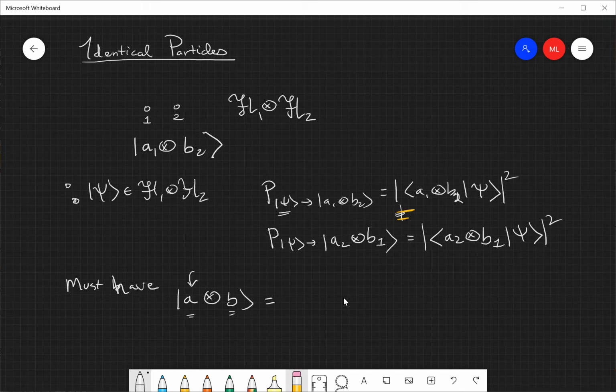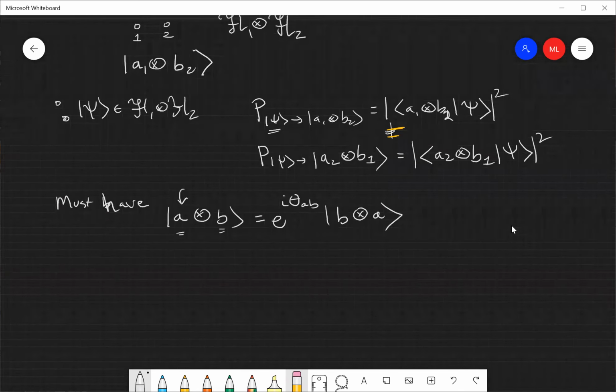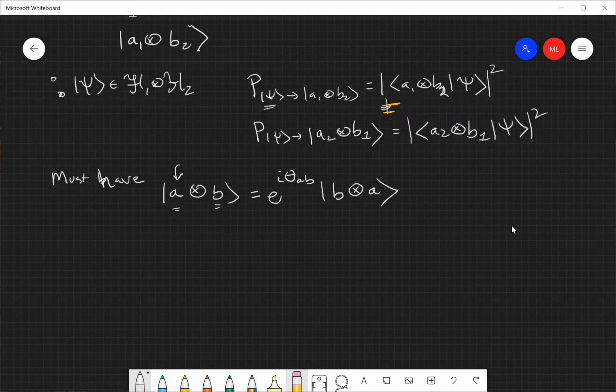So if you switch these things, then the most that can happen is that your state picks up a phase. This is a fundamental consequence of having identical particles: if you exchange their states, then the most that can happen to your vector in your Hilbert space is that it picks up an overall phase. So if you switch them again, then of course you can pick up yet another phase.